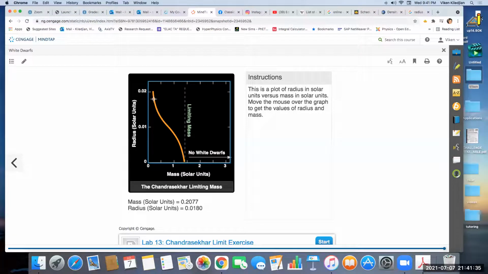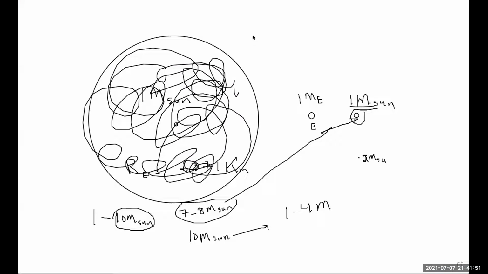Okay, right around there, 0.2 solar mass, 20% of the mass of the sun. So its radius is going to be 0.018 when our sun dies. So when our sun dies, its radius will be 0.018 of the radius of the sun.